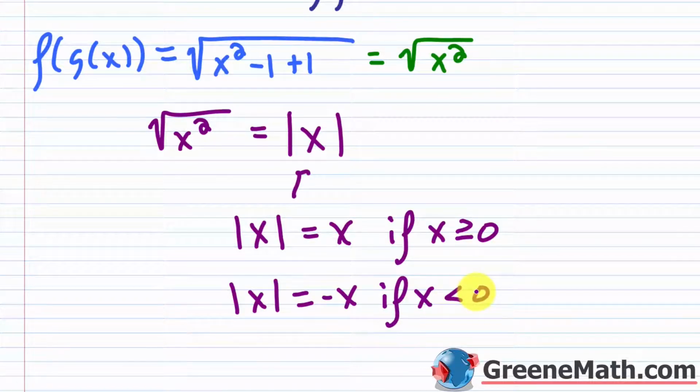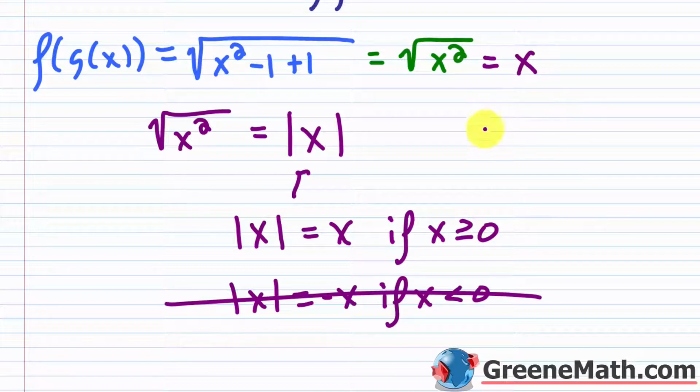But because we put a domain restriction in here, we can throw this case out and say the absolute value of x just equals x because x is restricted to be greater than or equal to 0. So this is actually equal to x because we're following this domain restriction. That's how we make this work out.